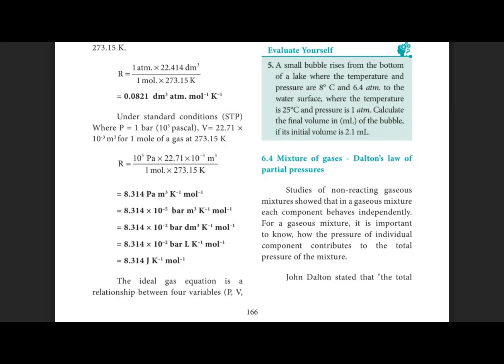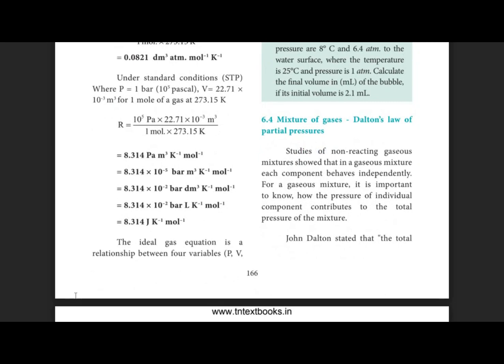See the mixture of gases in detail. Studies of non-reactive gas mixtures show that in a gas mixture each component behaves independently. For a gaseous mixture, it is important to know how the pressure of the individual component contributes to the total pressure of the gas.